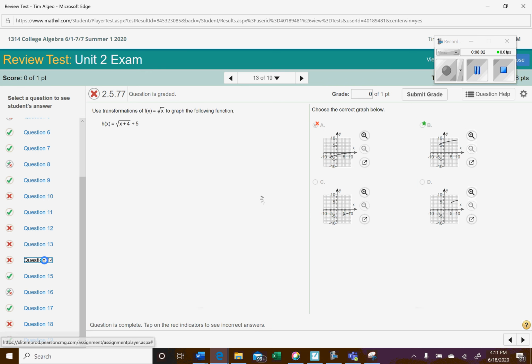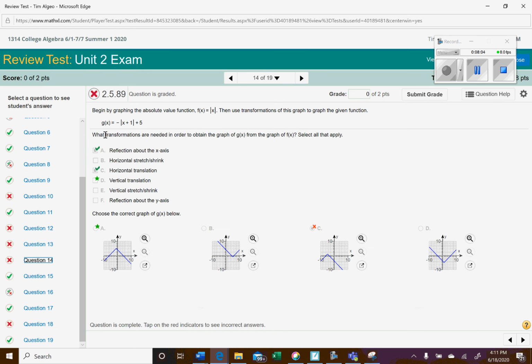All right, let's see, 14. Okay, so here that's going to cause us to move horizontal transformation left 1. So there's the check. You got that. That's good. And then you're going to reflect across the x-axis. Very good. You got that. And then the vertical transformation is +5.